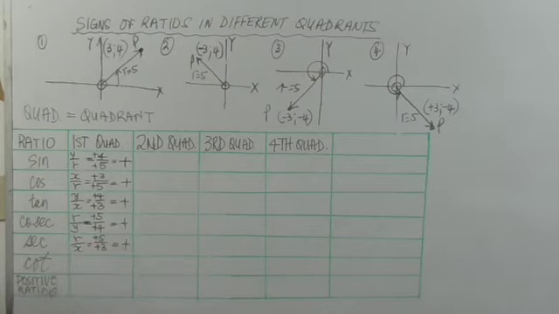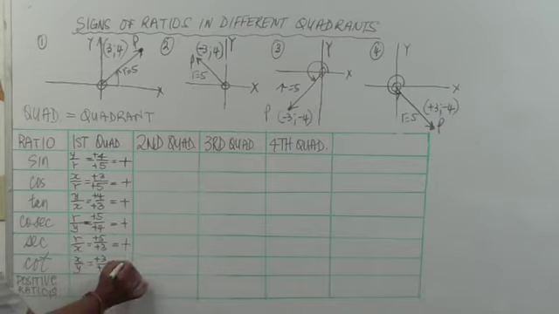The final answer is still positive. And cot is x over y, which is equal to positive 3 over positive 4, which is finally positive, because positive divided by positive is positive.